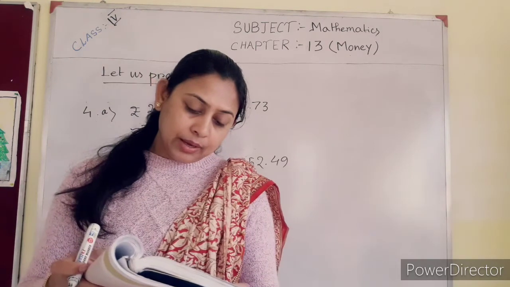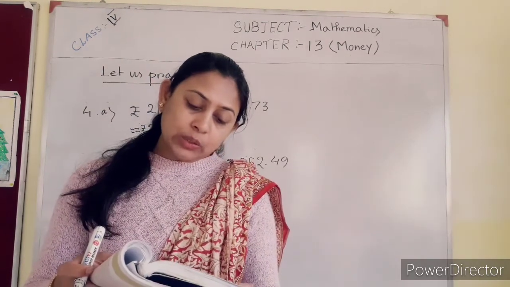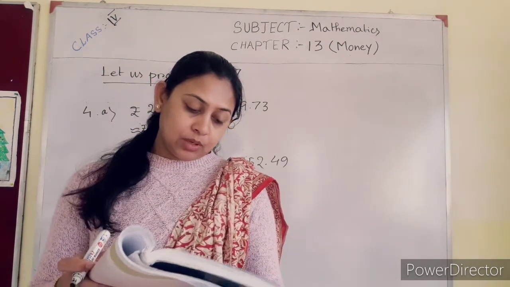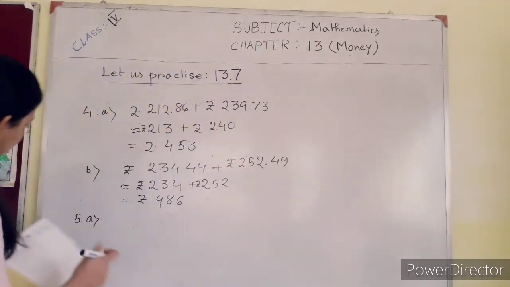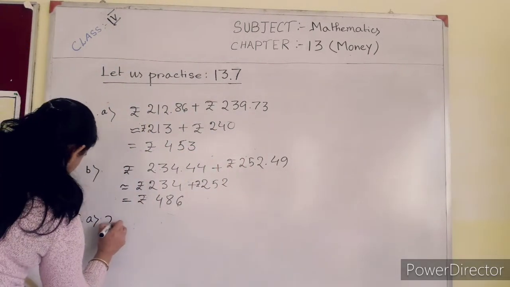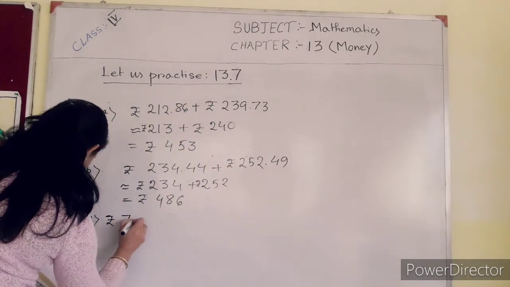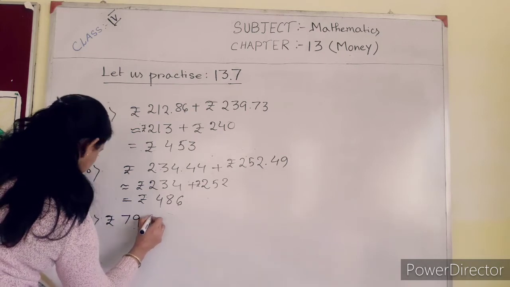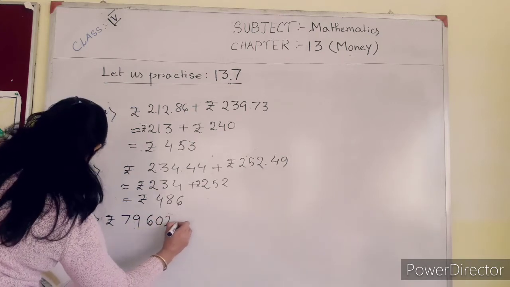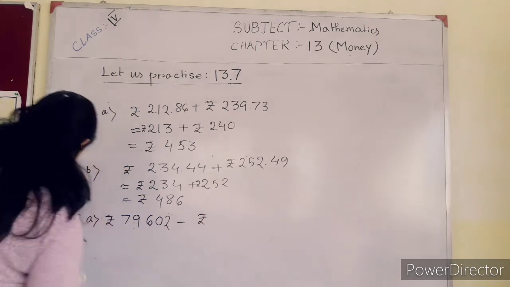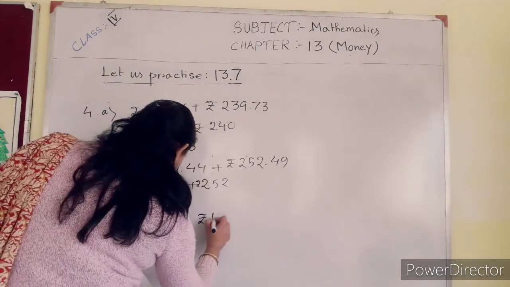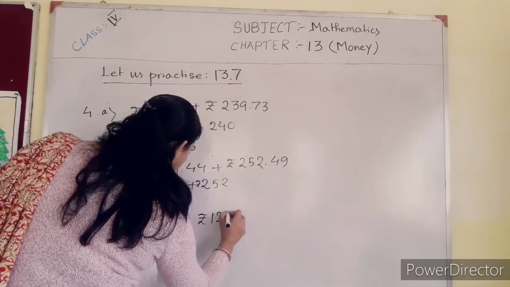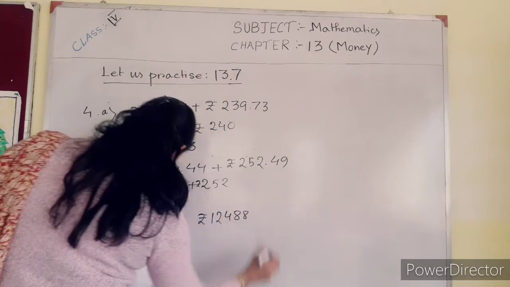Estimate by rounding to the nearest 10 rupees. Very easy. Rupees 79,602 minus rupees 12,480.